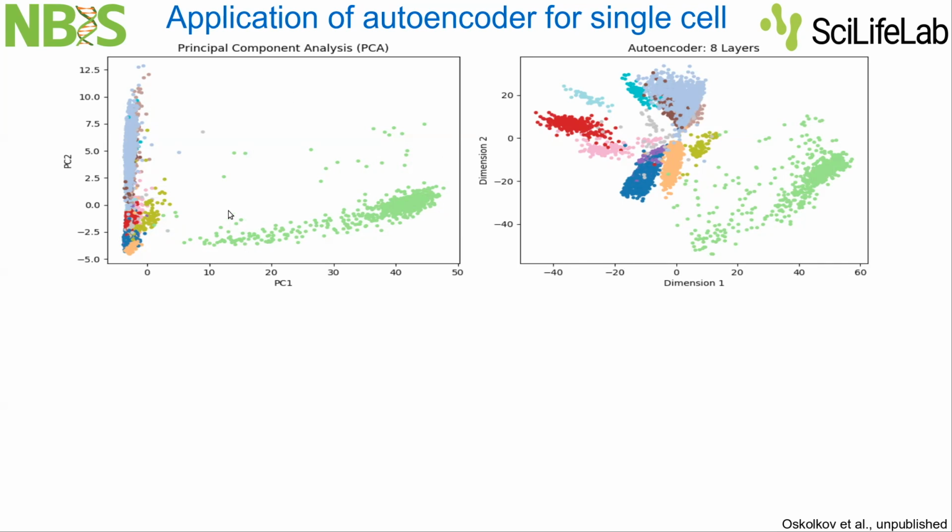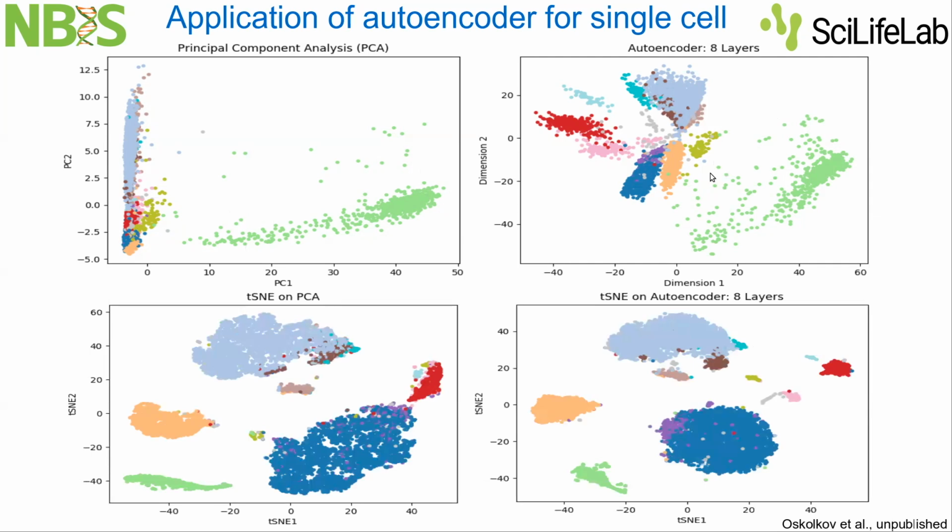So this is a PCA picture from PBMC cells that I showed you previously, and this is an autoencoder picture of the same cells. It's a little bit more resolvable, like all these 12 cell populations are a little bit more resolvable, but it's of course not comparable with t-SNE, for example, that gives you much sharper clusters. That's why I would argue that autoencoders are limited.